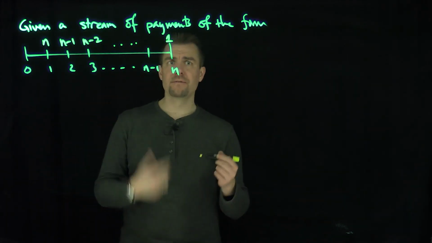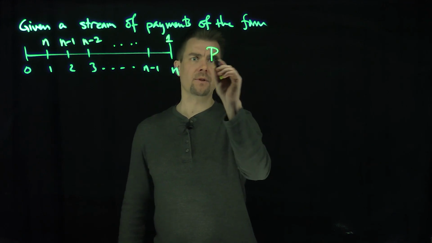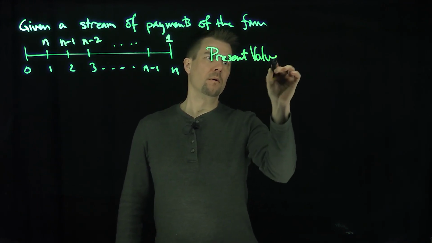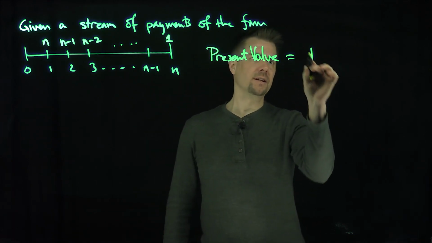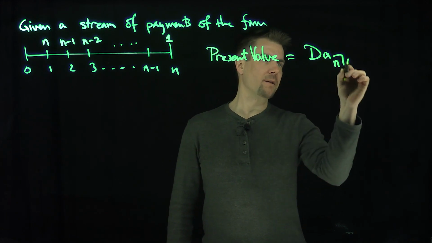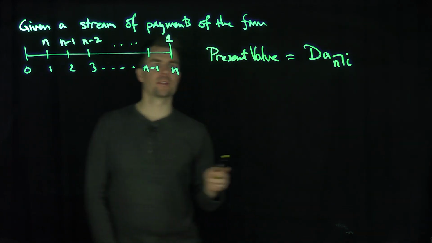So I'd like to find the present value of this stream. The present value is denoted (Da)_n at effective annual interest rate i, for decreasing annuity with term n. So we'd like to find the formula for that.